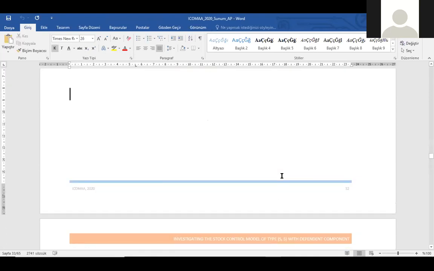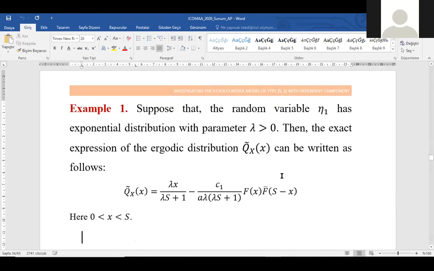This is one example about these main results. When the random variable eta n has exponential distribution with parameter lambda, the exact expression of the ergodic distribution can be written as follows.